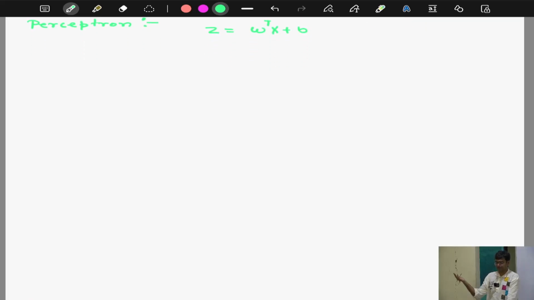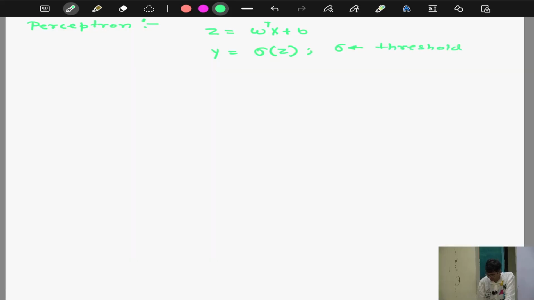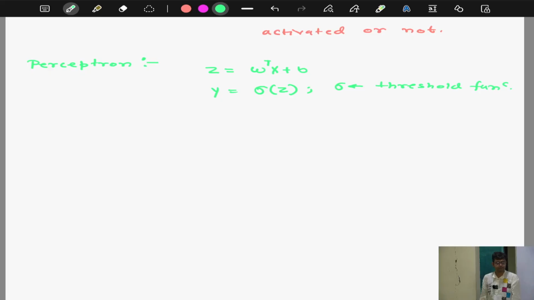Z is equal to W transpose X plus B, right, in vector notation, and then your Y is equal to sigma of Z, where sigma is my threshold function. Threshold function. Okay. Clear?